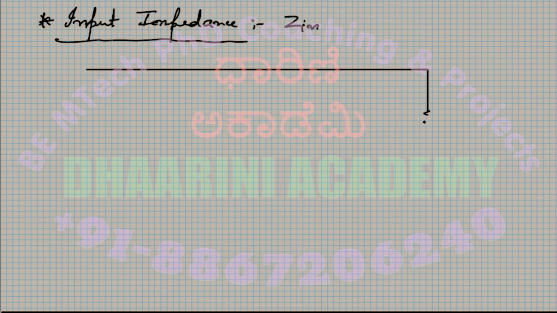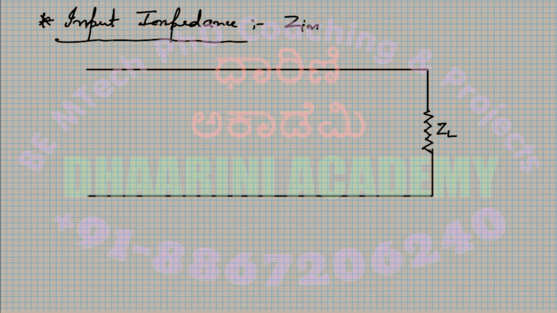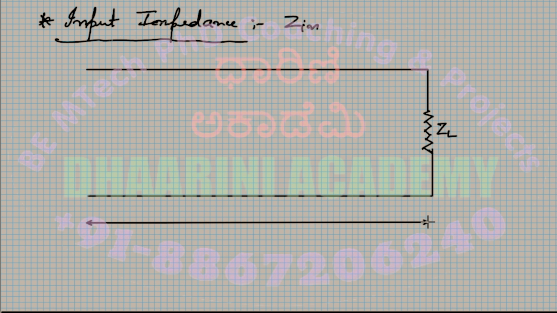Some load is connected. Right, so there is a ZL, and let's assume that this particular line has a length. That length is equal to, say, L.